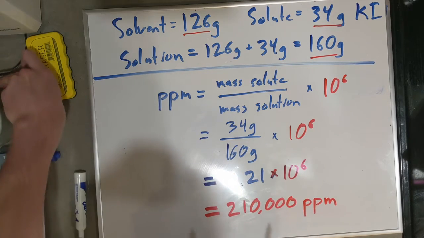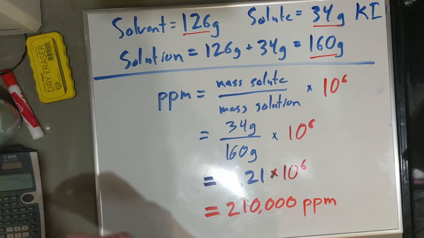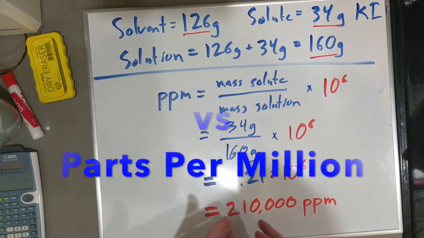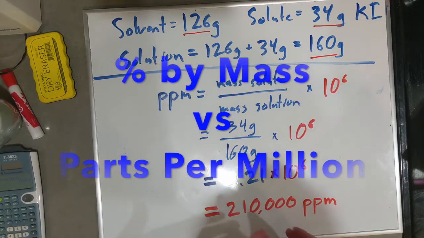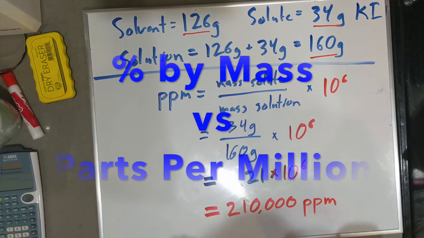Okay, so now let's examine how close this parts per million and percent by mass thing is in terms of ratios, because mixtures and concentrations are all about ratios. 210,000 looks extremely different than 21%, but let's talk about how it's not that different.